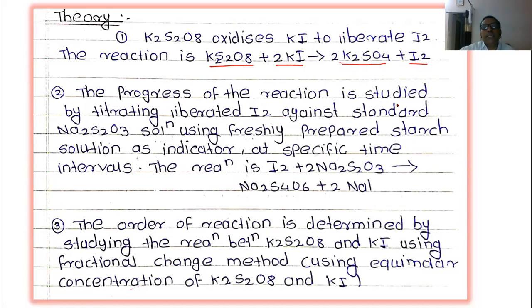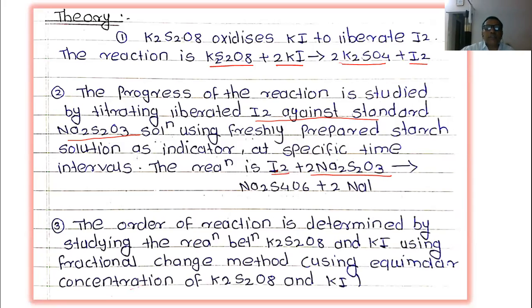Now the progress of the reaction is studied by titrating the liberated iodine against sodium thiosulfate solution, using freshly prepared starch solution as an indicator. When the liberated I2 is titrated with sodium thiosulfate solution, this reaction takes place.